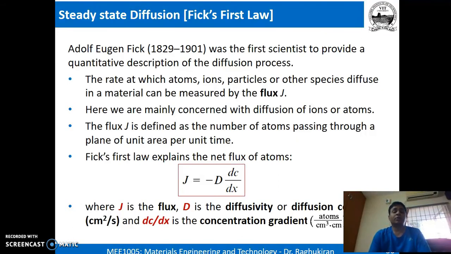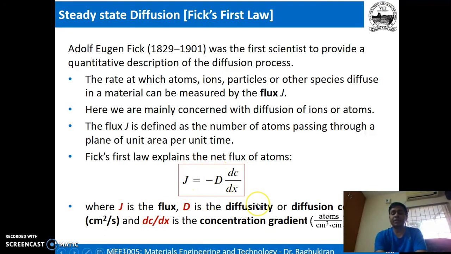In this particular equation, he tries to estimate the constant flux, or the movement of species across a unit area in unit time. You get that value if you know the diffusivity of the material and the concentration gradient.